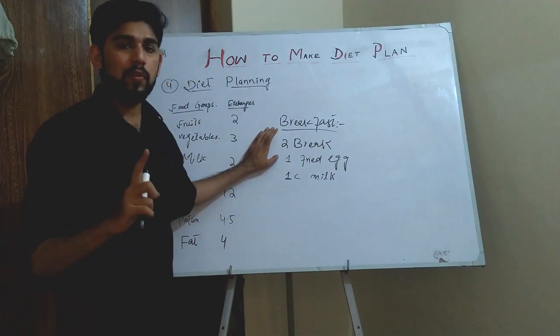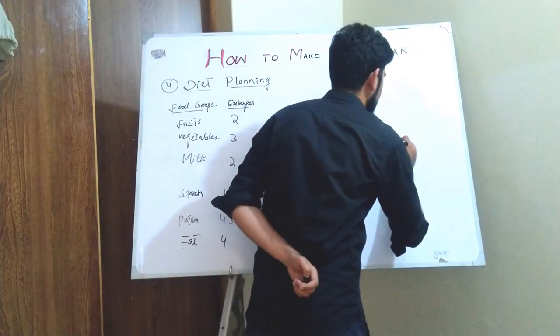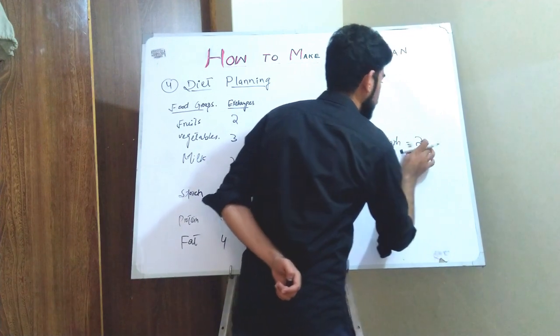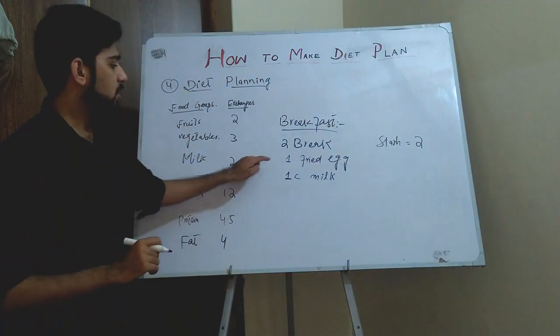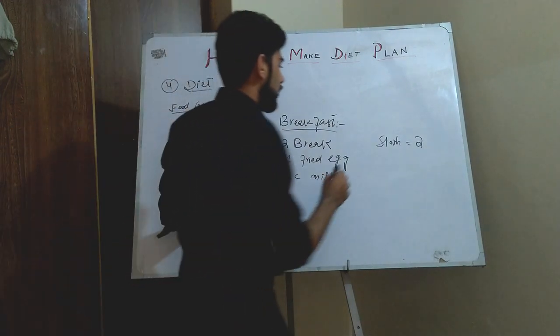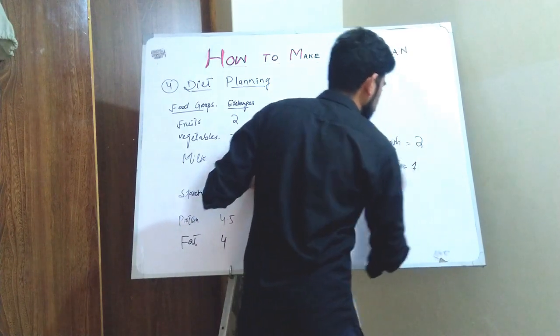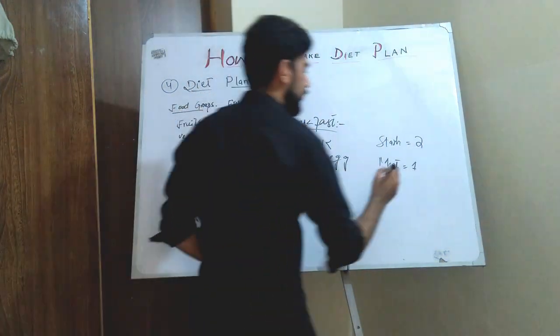1 bread is 1 exchange, so we'll get starch exchanges in the breakfast. Total starch exchanges comes to 2, and 1 whole egg is 1 exchange, and we'll get 1 meat or protein exchange.